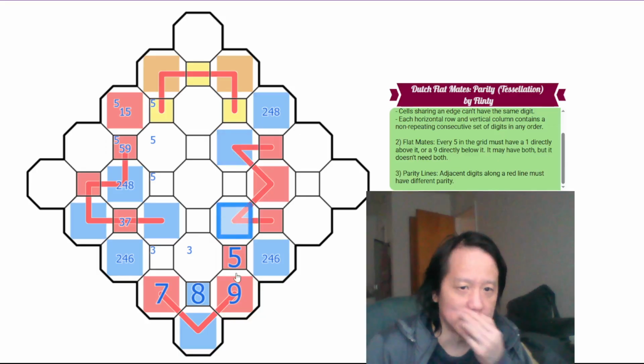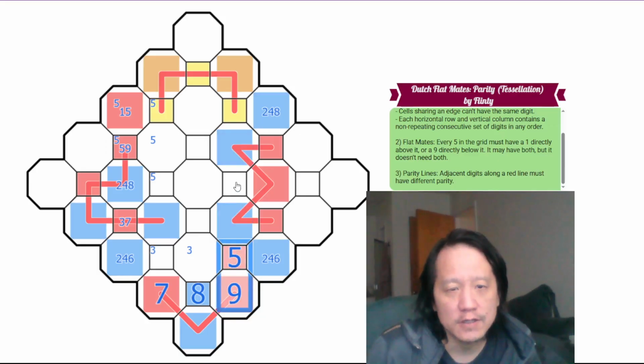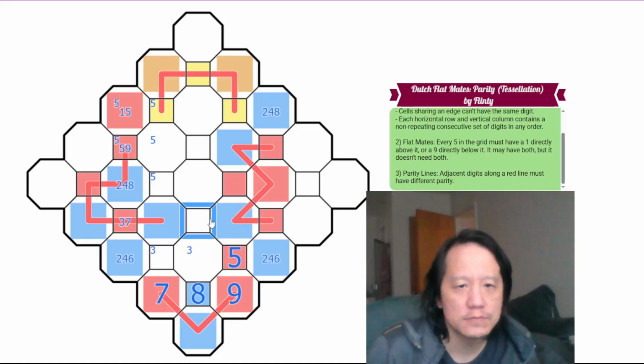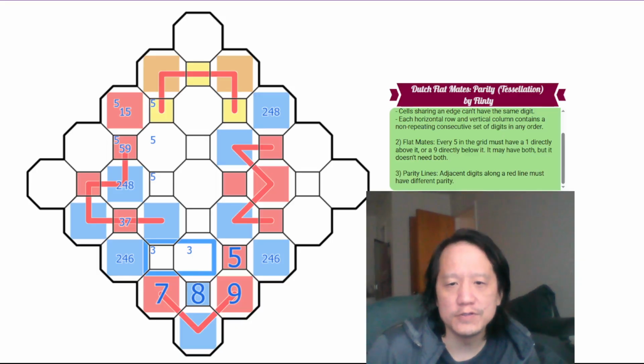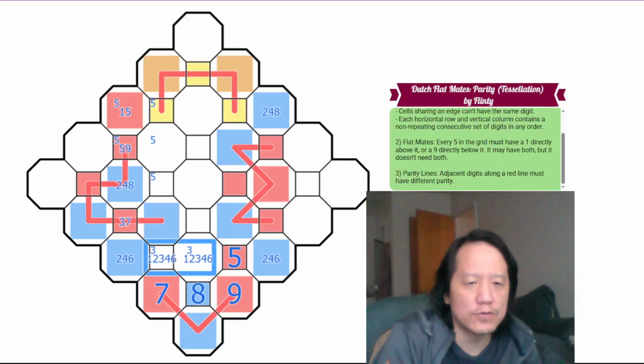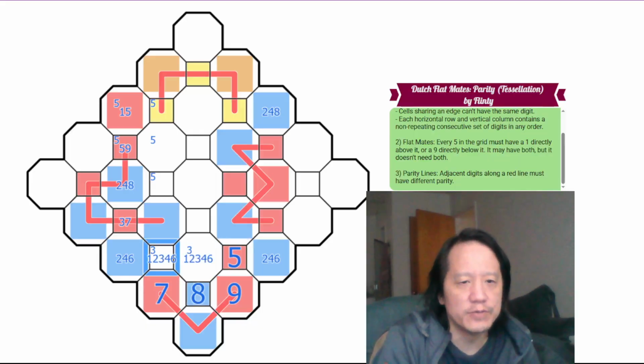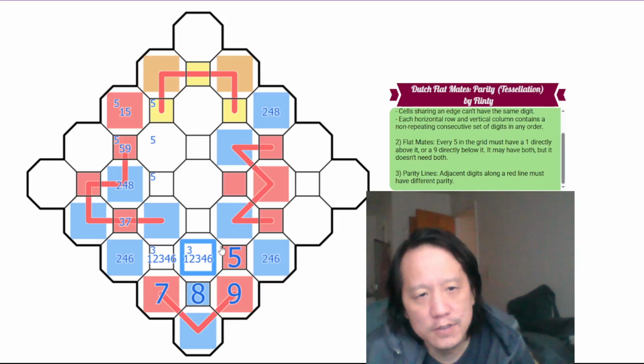This is even, that's even. These are both odd. So to get 3 through 9, you have to have 4 odd, so this must be odd. One of these is odd. You could have the other one be even. So this is 1, 2, 3, 4, or 6, with 3 being one of those 2.